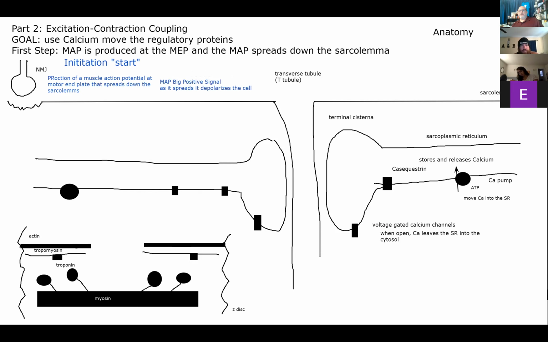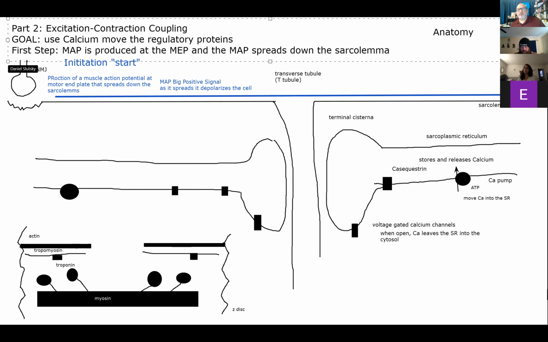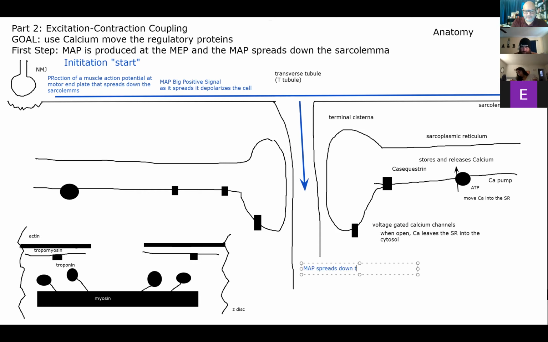And sure enough, this muscle action potential is going to spread from the motor end plate down the sarcolemma. But guess what? It's also going to spread down the transverse tubule as well. So our muscle action potential spreads down the transverse tubule.